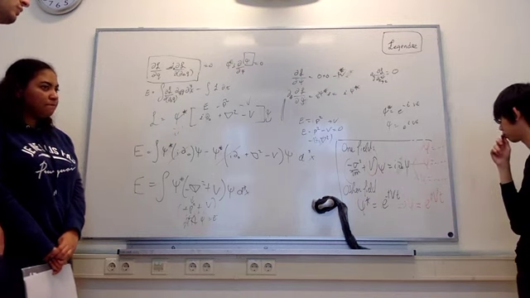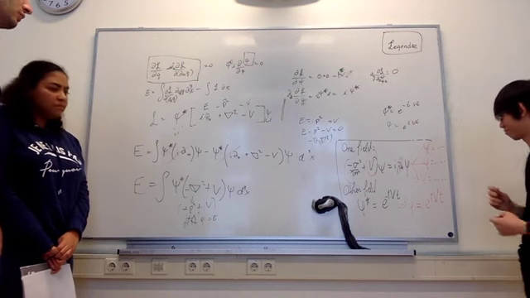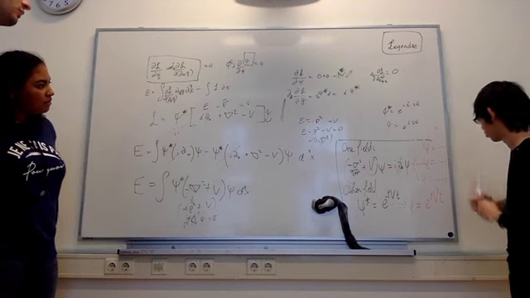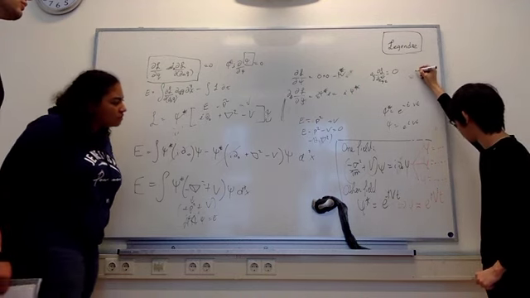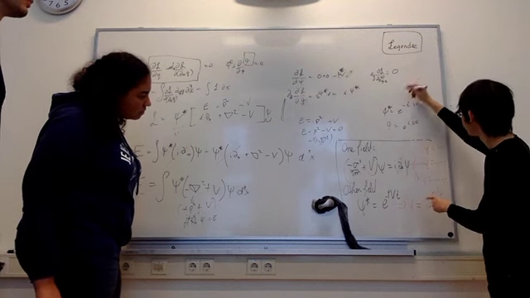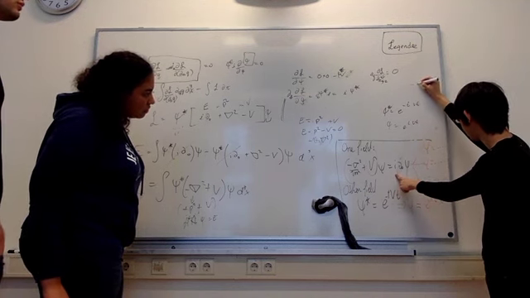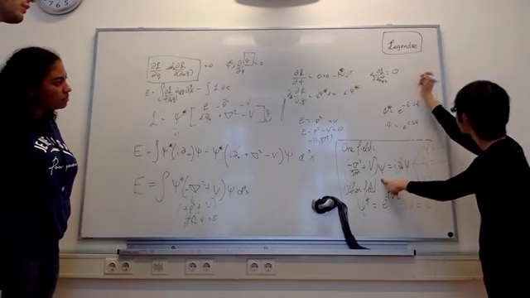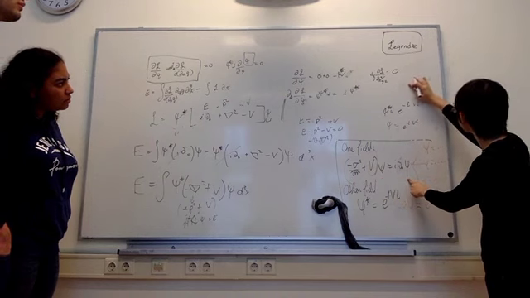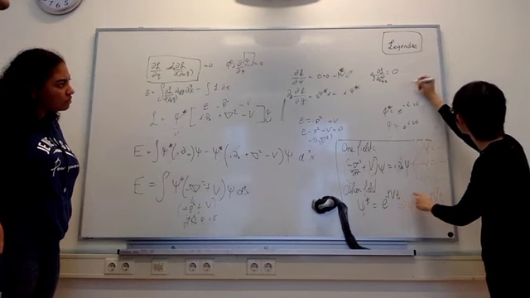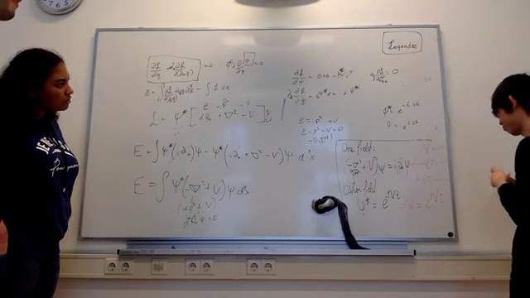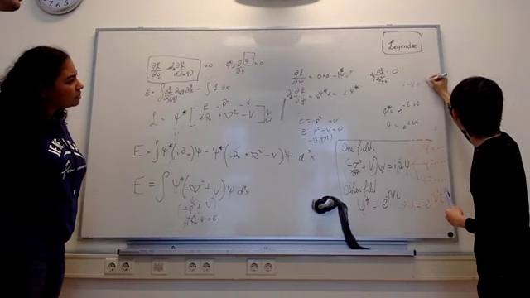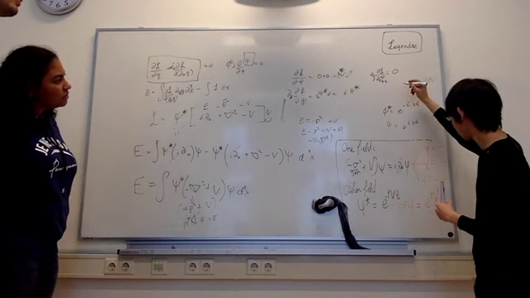I'm highly doubtful that it does, for all random functions V of x. If you go through the math, trust me, this probably won't work.